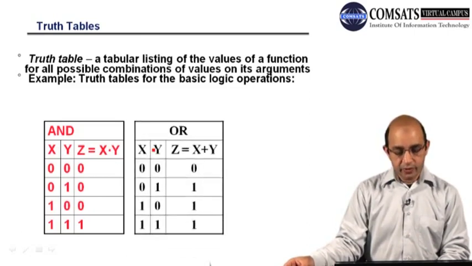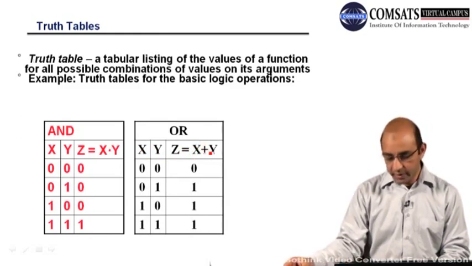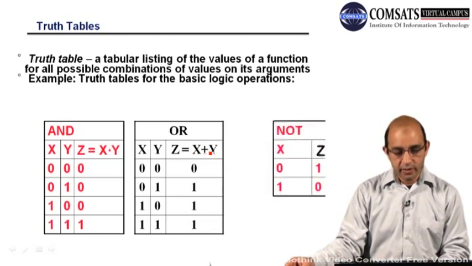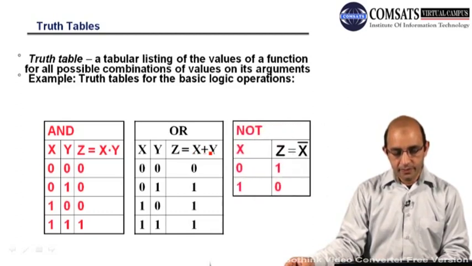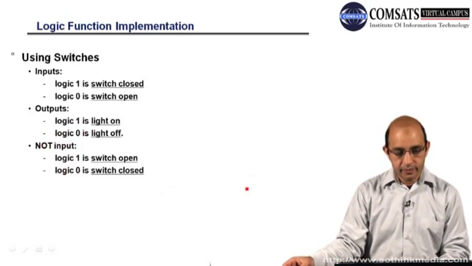And this is for OR. You can see that we have X, Y, and Z is the output, so it's equal to X plus Y, or X OR Y. This is for NOT. We have X and Z is equal to X bar. You have a 0, you will get 1; we have 1, we will get 0.